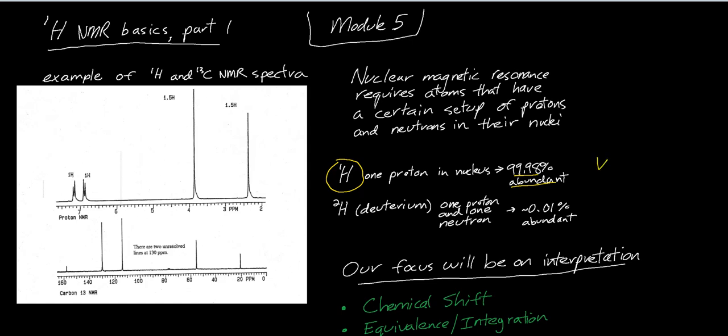So this isotope of hydrogen is visible in the NMR. There are other isotopes of hydrogen, like deuterium, that are invisible in NMR. We use deuterium usefully in the NMR solvents.